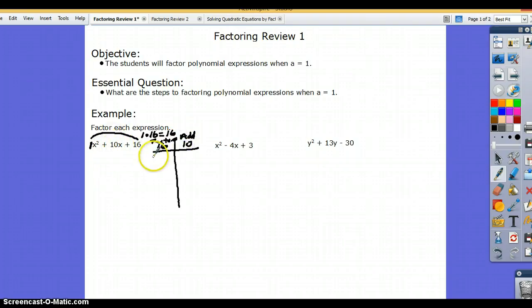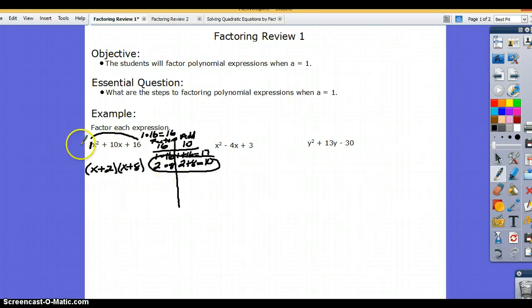So factors of 16, 1 times 16. Well, 1 plus 16 is 17. Okay, so we have 2 and 8. 2 plus 8 equals 10. There's my pair. So my factors for this are x plus 2 and x plus 8.